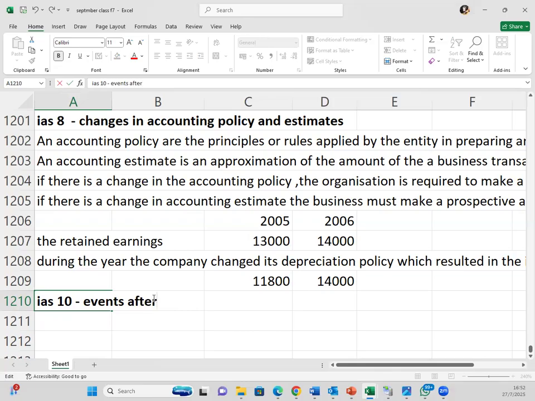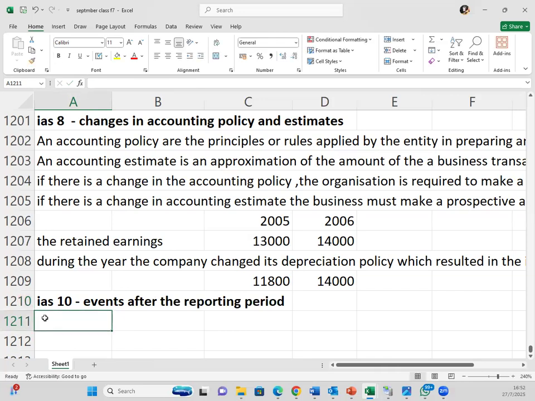So for the events that are occurring after the reporting period, there are events that we say are adjusting events, and certain events we say they are non-adjusting events.